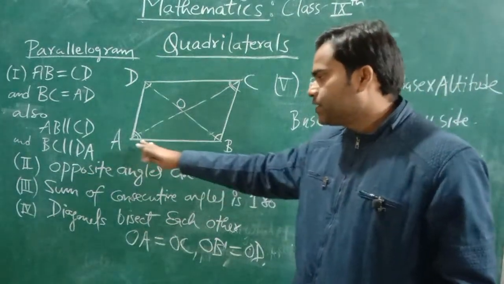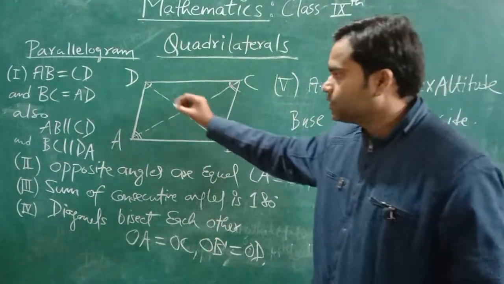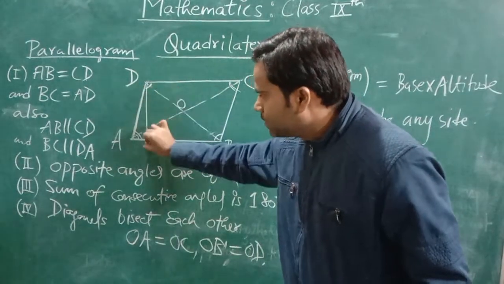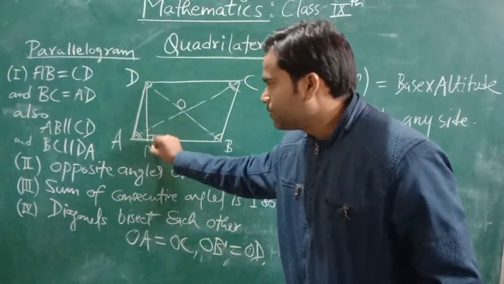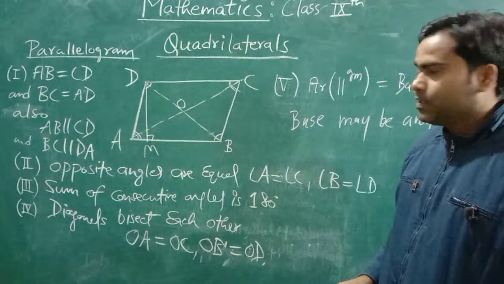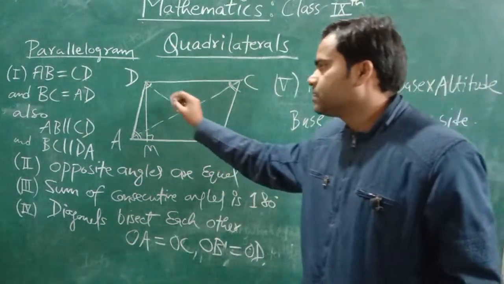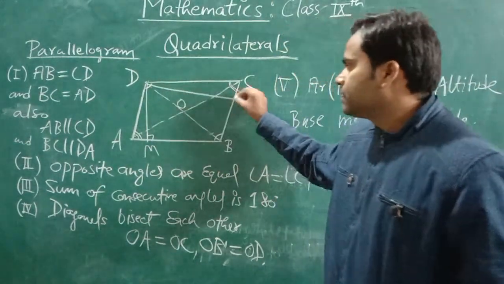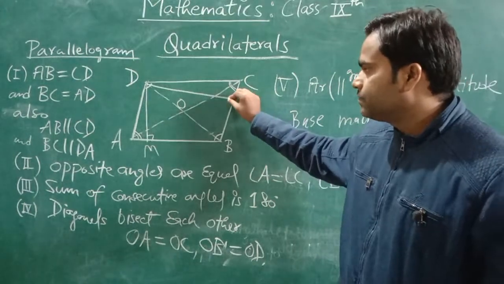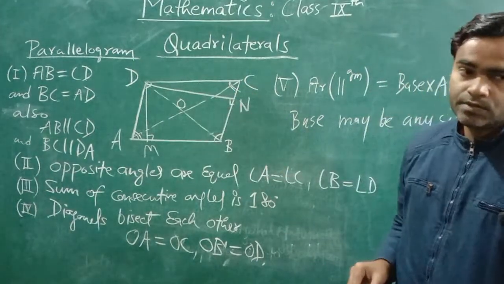If you take AB as base, then DM will be its altitude. And if you take BC as base, then DN will be its altitude.